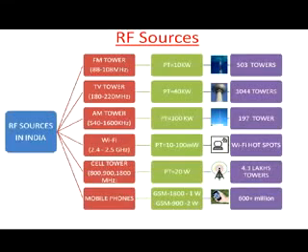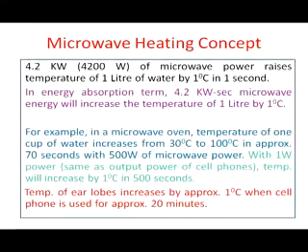If you put, let's say, 1 cup of water, it takes roughly 1 minute or so. 4.2 kilowatt of microwave power raises the temperature of 1 liter of water by 1 degree centigrade in 1 second. That much power is required to heat it by 1 degree centigrade.